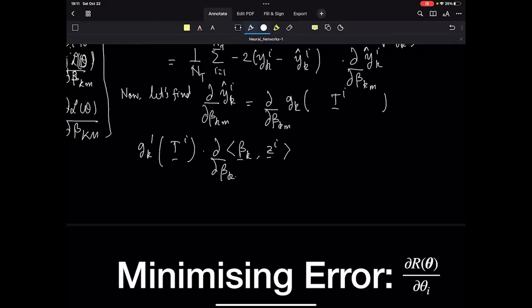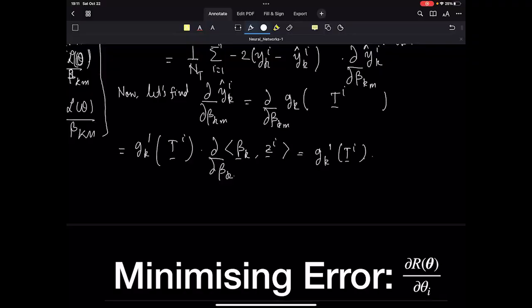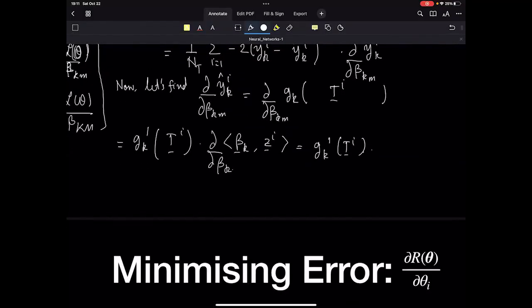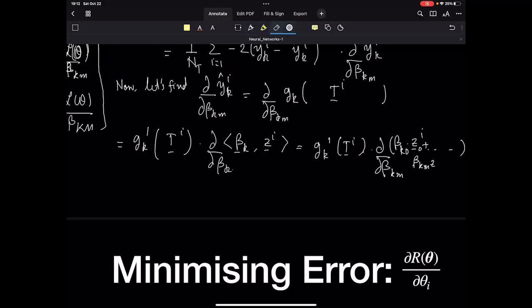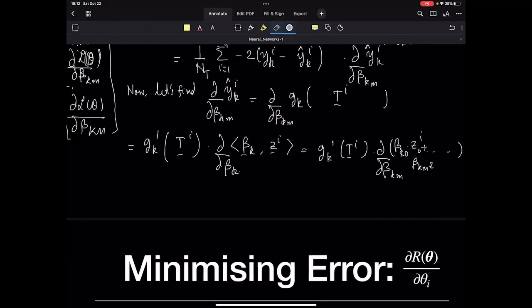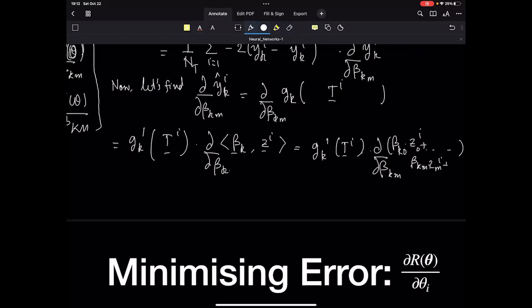So this is equal to gk prime of ti times, by the way, the negative is already taken care of. So I want to differentiate with respect to beta km. This is going to be beta k0 times z, the 0th element, plus so on, beta km times z mi, plus so on, beta k cap m times z cap m i. I don't need a vector here. When you look at this, it is just a summation, right?